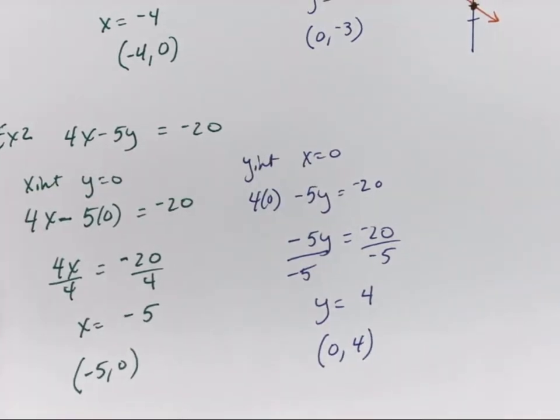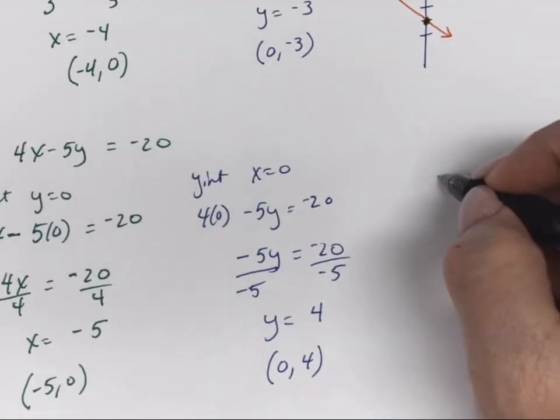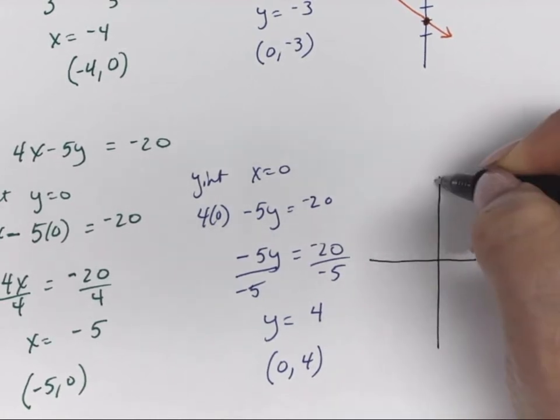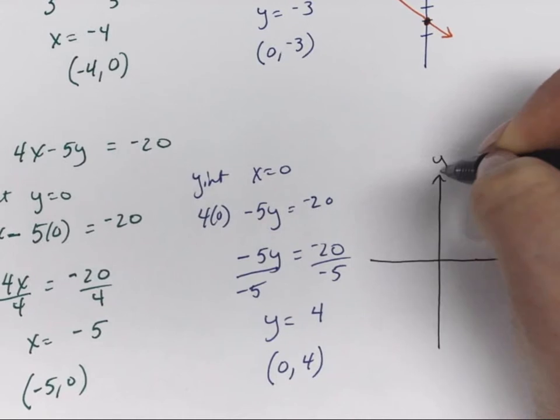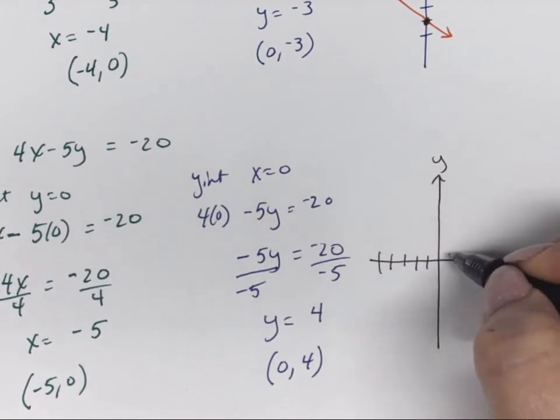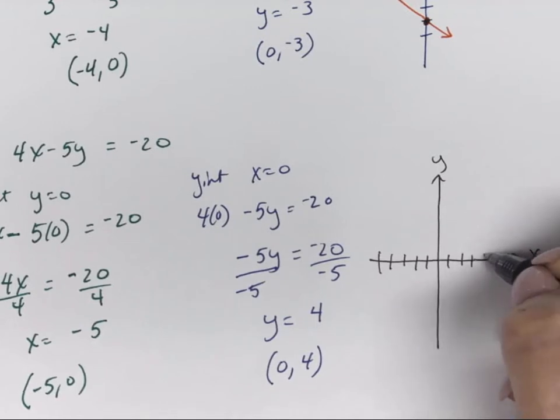All right, let's go draw our graph here. This time we need 5 hash marks for our x and our y. 1, 2, 3, 4, 5.